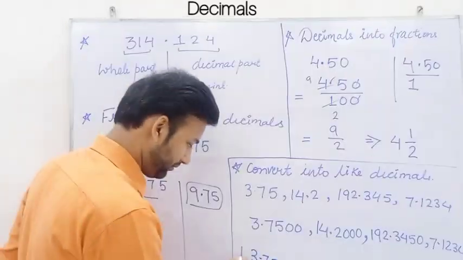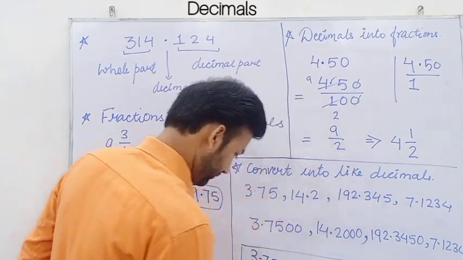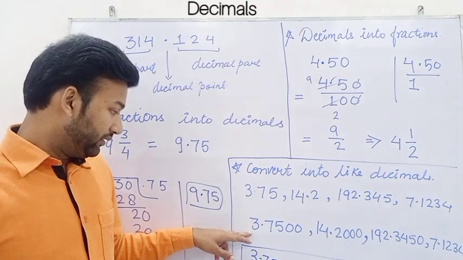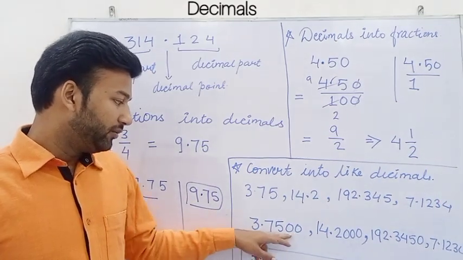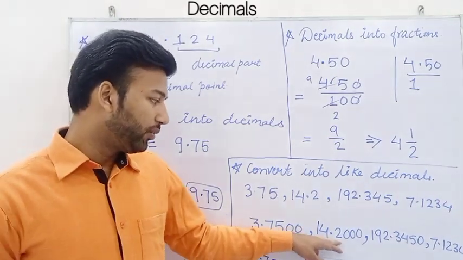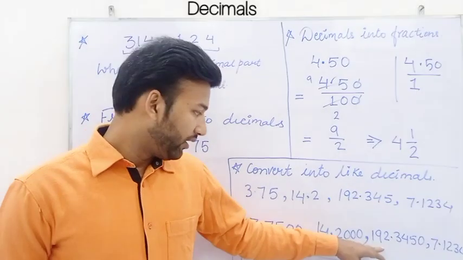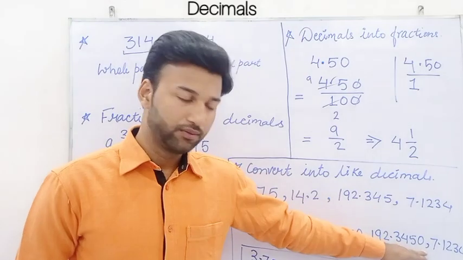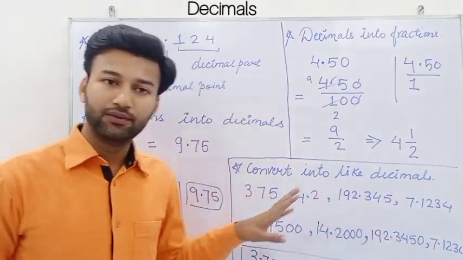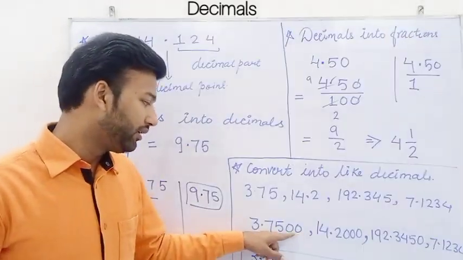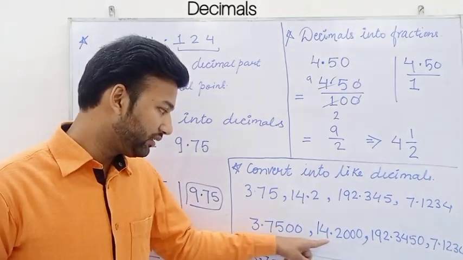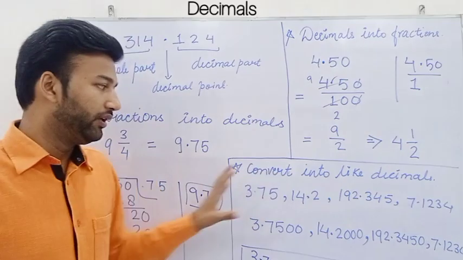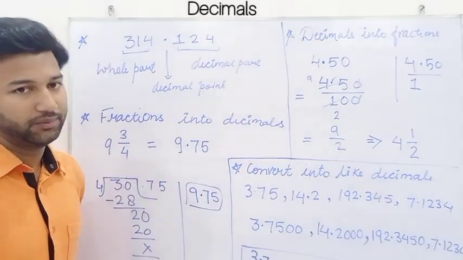This is an important part. Now see, 3.7500, 14.2000, 192.3450, and 7.1234. After the decimal, 1 2 3 4, 4 digits, here also 4, here also 4. So it is converted into like decimals. Clear?